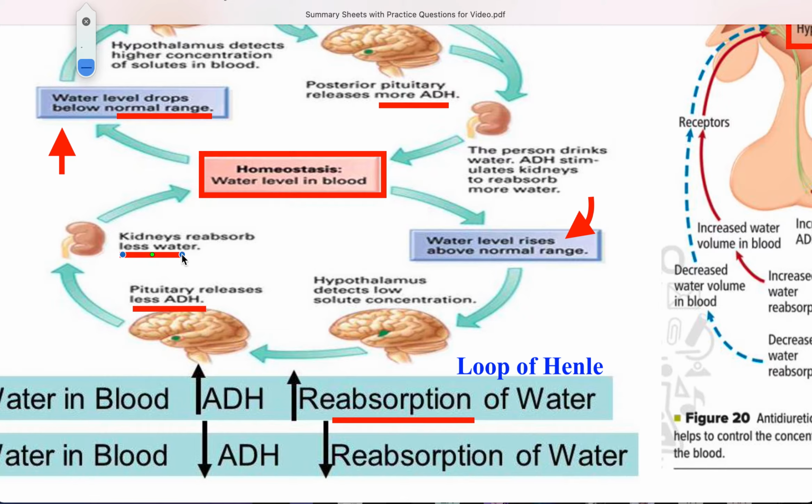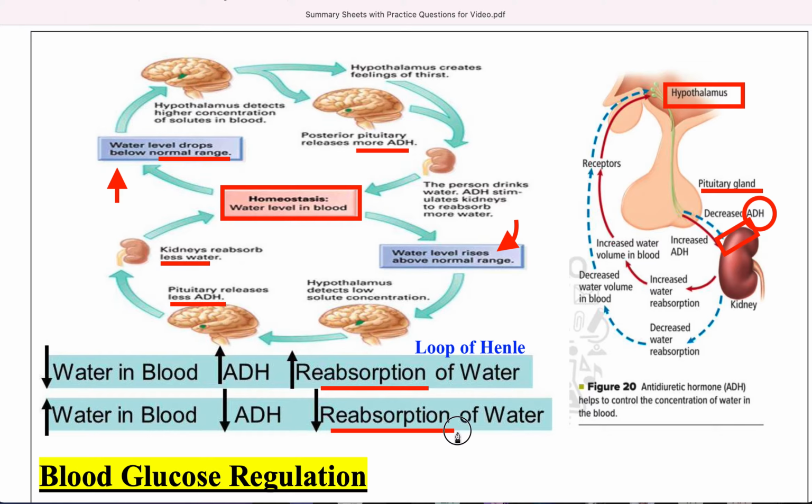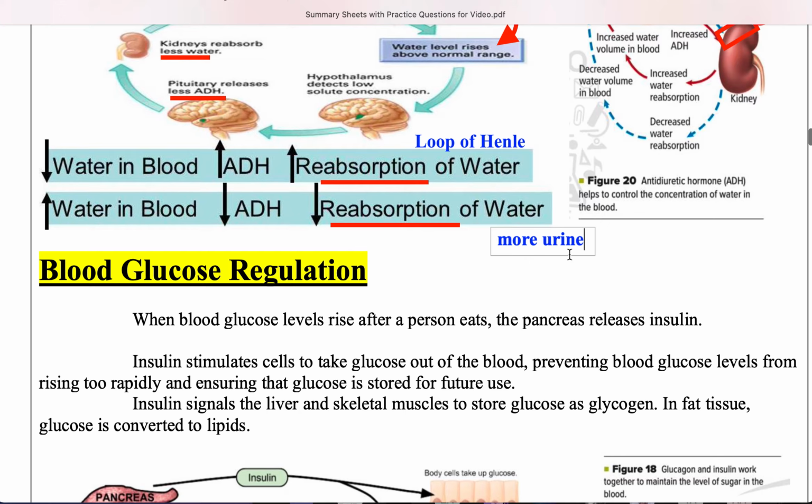It means there is less reabsorption of water. So automatically you will have more urine. That is the third stage in the production of urine, called excretion, if you remember.